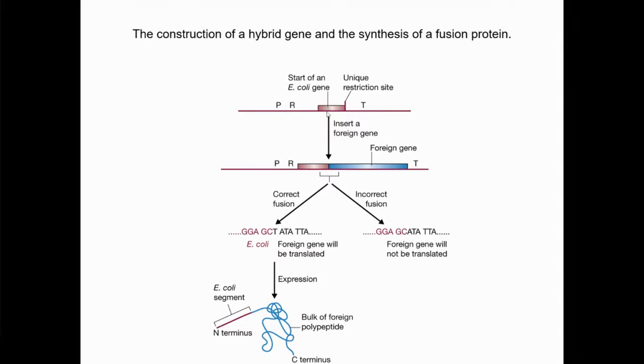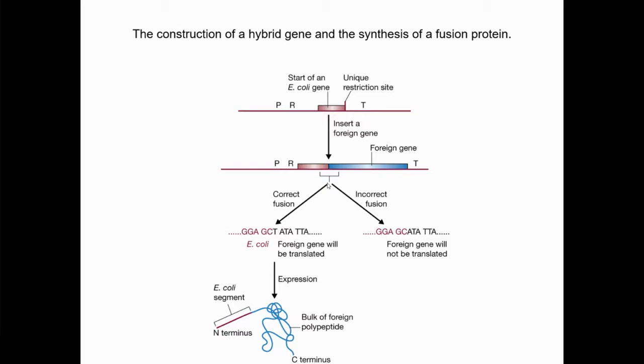So for example, here this is an expression vector. You have a promoter, ribosome binding site, and terminator. If the foreign gene is not immediately adjacent to the ribosome binding sequence, then you produce a hybrid, with part of the vector sequence and then your gene of interest sequence.